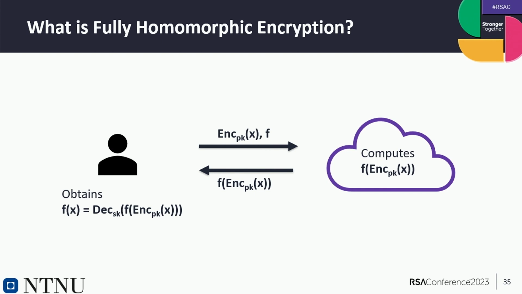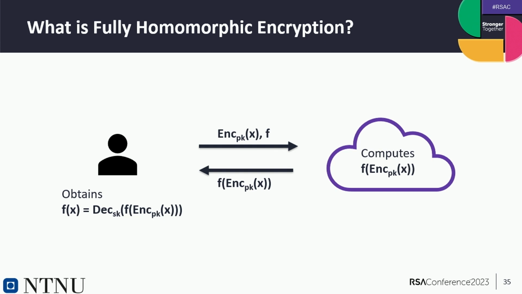The broader context of this talk is fully homomorphic encryption. To quickly recall what fully homomorphic encryption is, it essentially allows us to compute on encrypted data. Say we've got one person, call her Alice, that has some data but doesn't have the sufficient computational power to perform a computation on it.